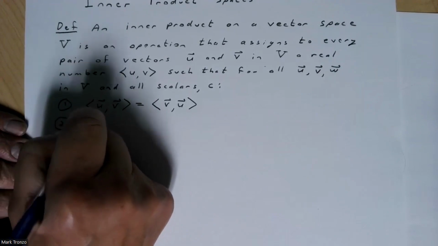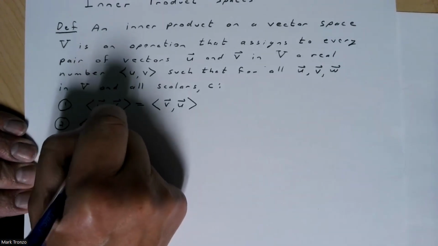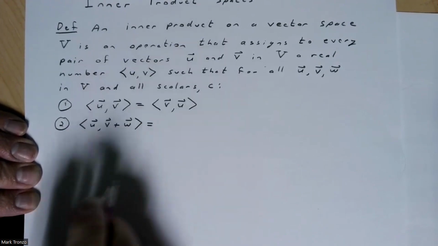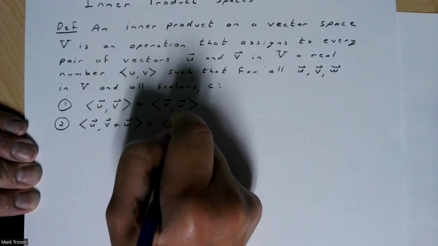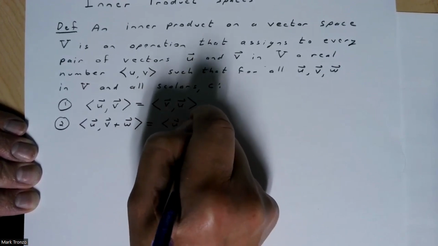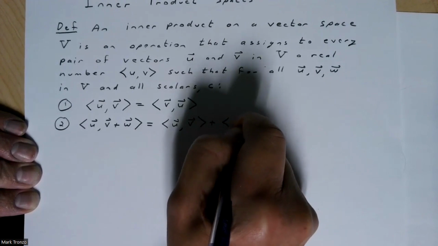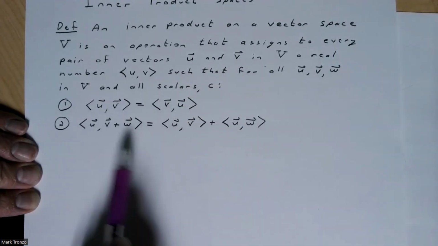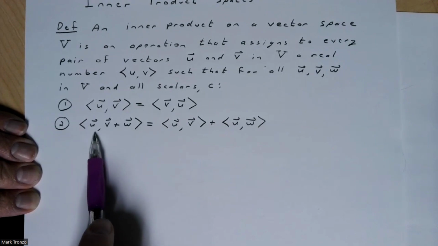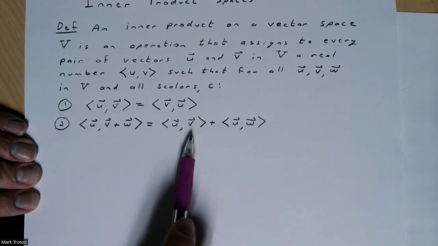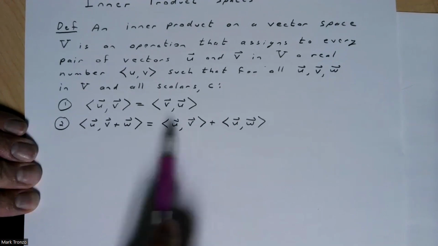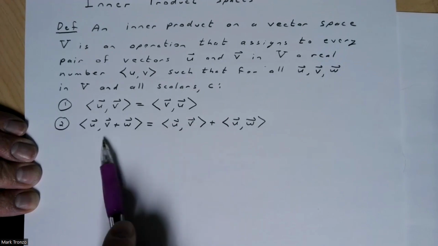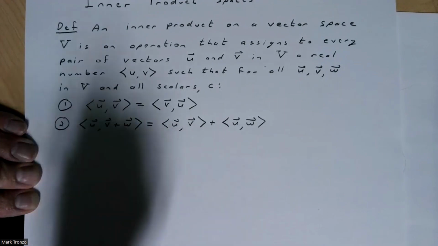Another thing that's going to be true is this: if you have this, that can be broken down as the inner product of U with V plus the inner product of U with W. So notice the way it breaks up.